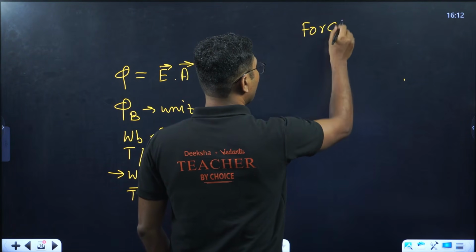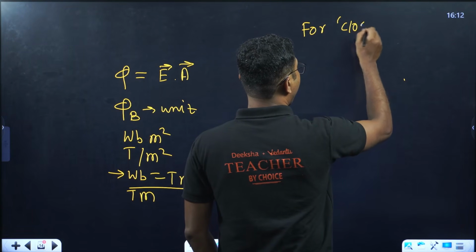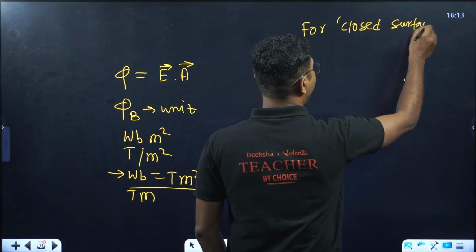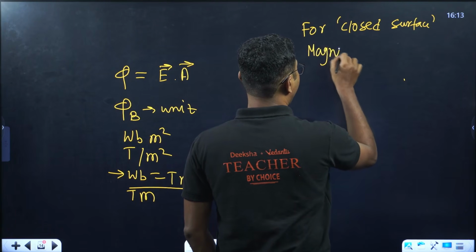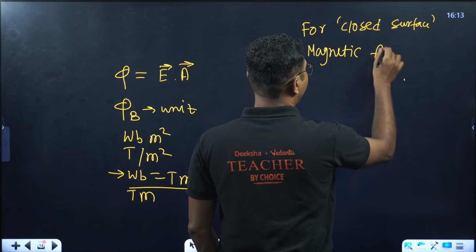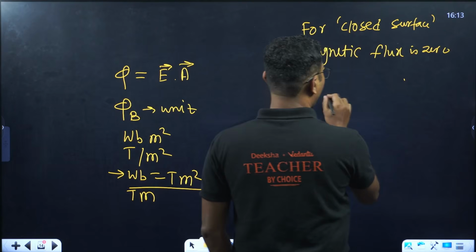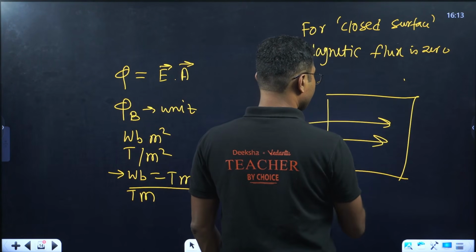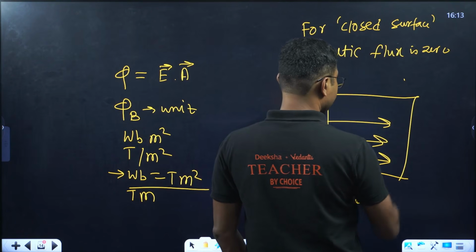For closed surface magnetic flux is 0. For open surface, however, magnetic flux is not 0.